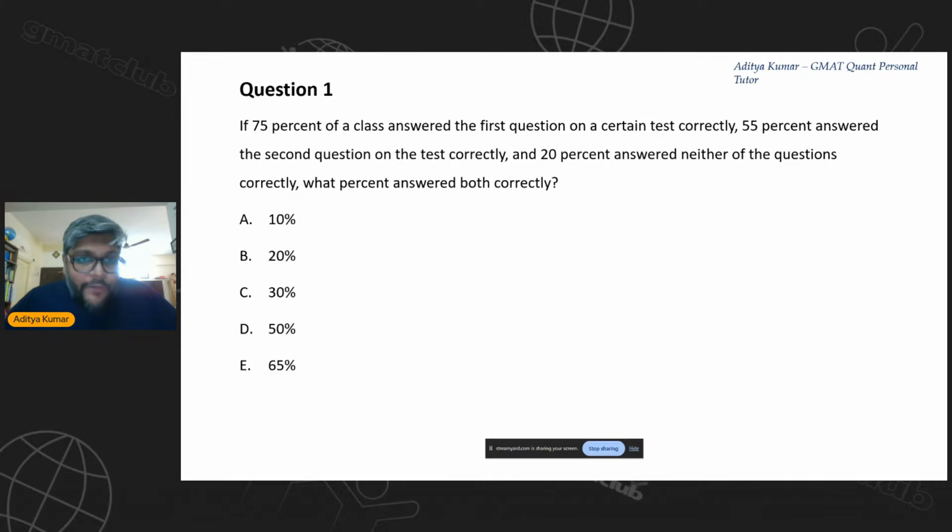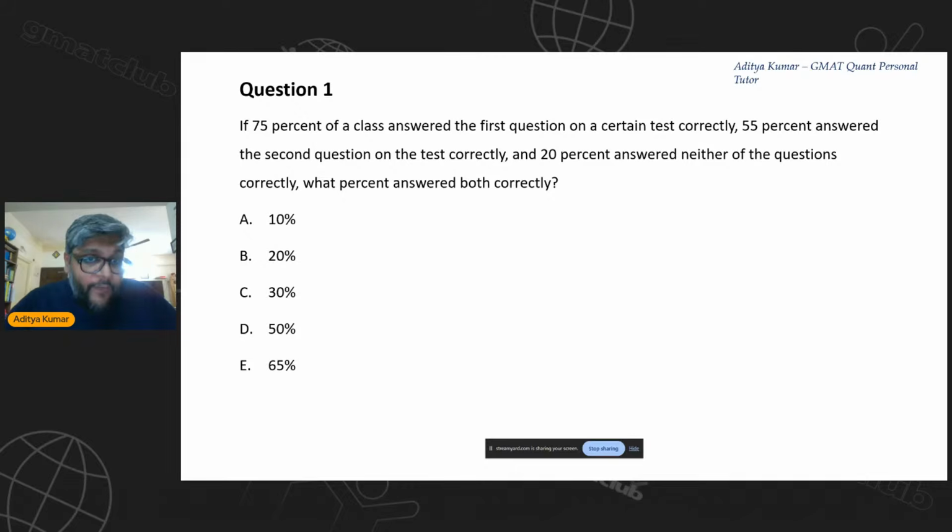So, simple rule of thumb: in today's session, whichever question we work, whether it's a set question or a word problem, let's focus on the reading of the question. Let's read it slowly, understand every aspect, and break it down.